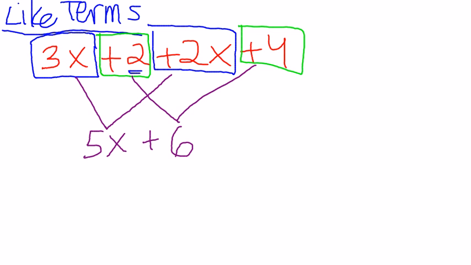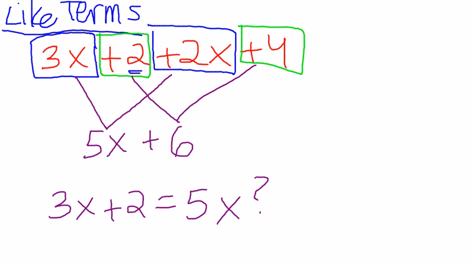So this is simplified now. This is 5x plus 6. But you may be asking yourself, how come 3x plus 2 does not equal 5x? Well, maybe we can think about it this way. If we have 3 unknown things, it could be 3 times 10 if x was 10.